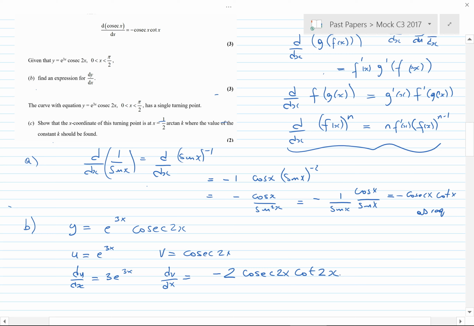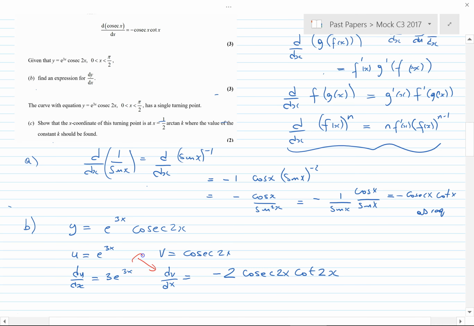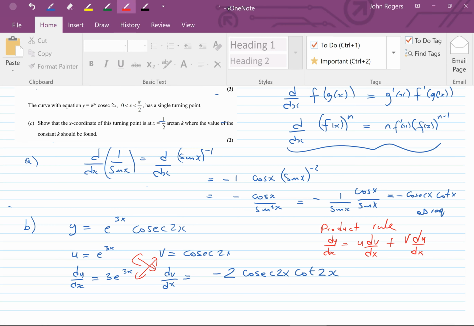Basically this is using the product rule with that times that plus that times that. I'll write it out. Product rule: dy by dx equals u dv by dx plus v du by dx. Okay, so we're using that.